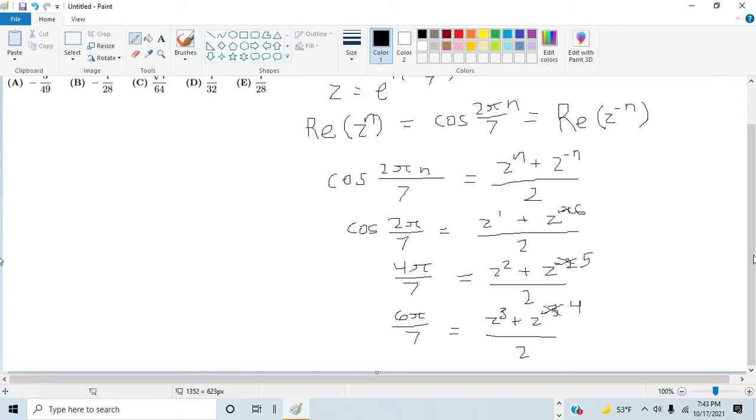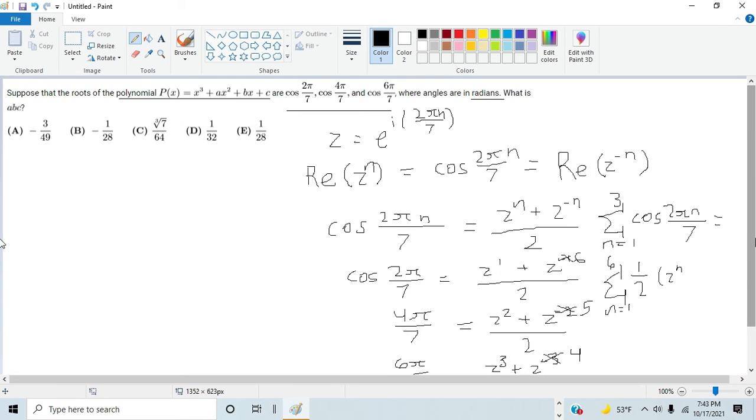So what this really tells us is that the summation of cos of 2 pi n by 7, where n is 1 to 3, is simply the summation of 1/2 times z to the n, where n goes from 1 to 6.